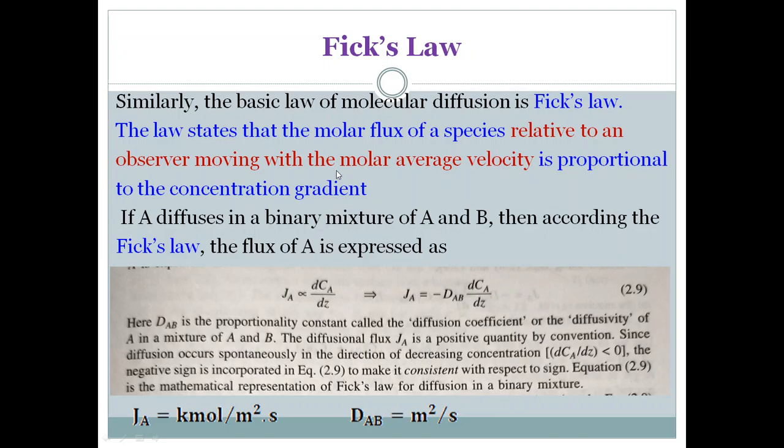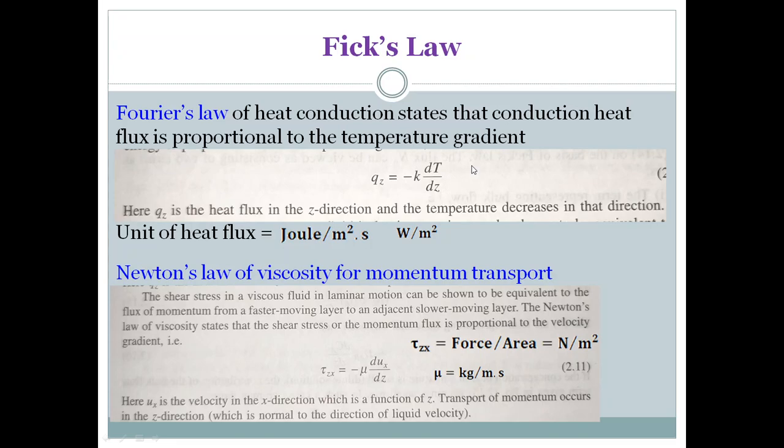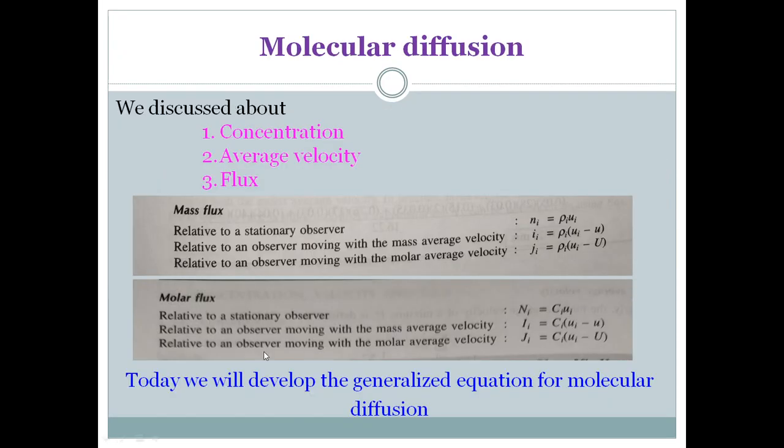That means the molar flux relative to an observer moving with the molar average velocity is capital J, Ji equals Ci into (Ui minus U). So that law indicates only this flux, not others.